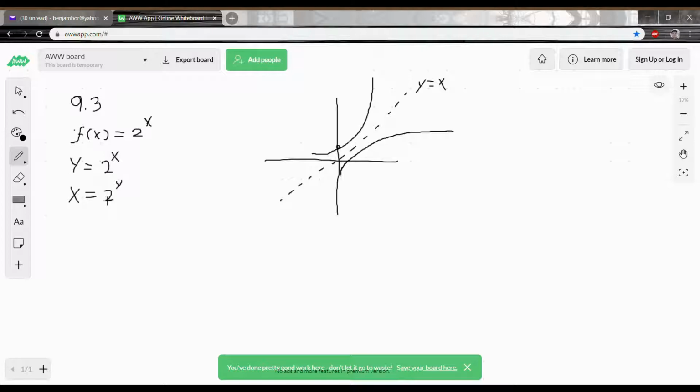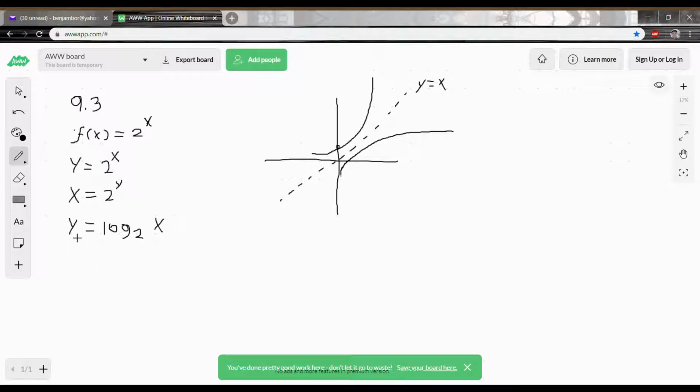If I were to read this function to you, I would read that y is the exponent of the base 2 that gives us the variable x. We can rewrite this and say that y is equal to the logarithm base 2 of x.